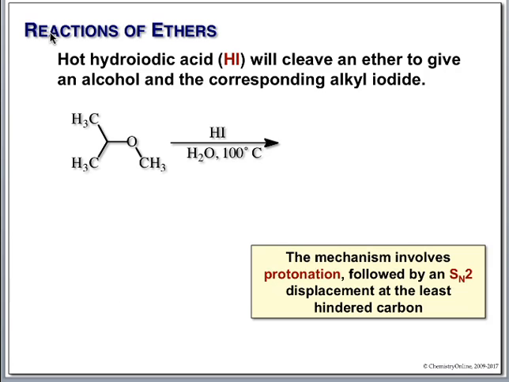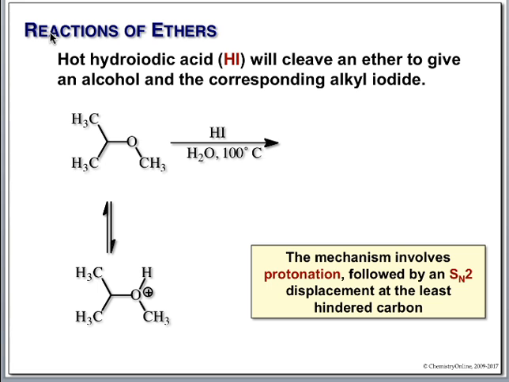If you take HI, hydroiodic acid, boiling water, so it's not gentle conditions at all, step 1, the strong acid is going to protonate the oxygen. When you protonate the oxygen, that makes it a very good leaving group. So here, this group could easily leave as either methanol or tert-butyl alcohol. It's a good leaving group. It's an alcohol.